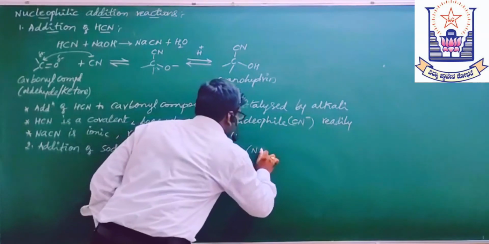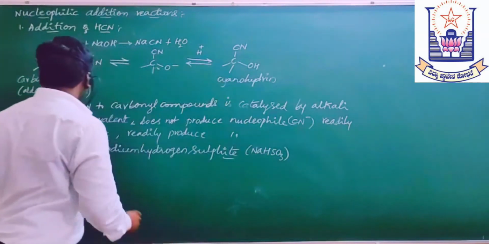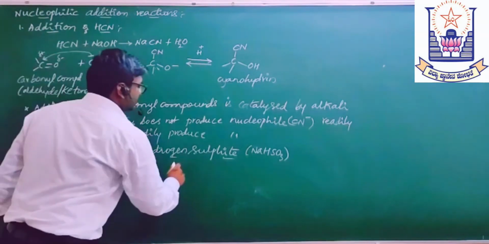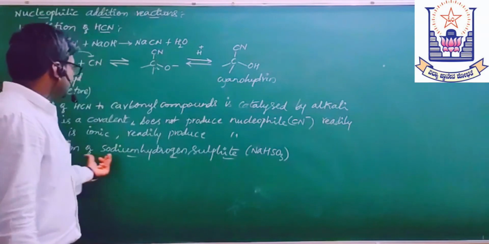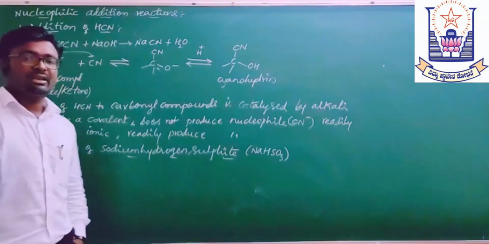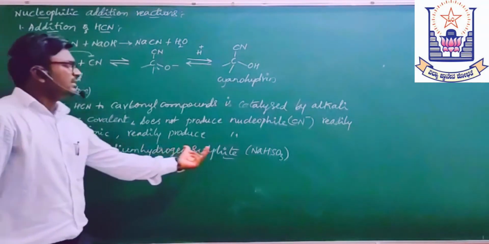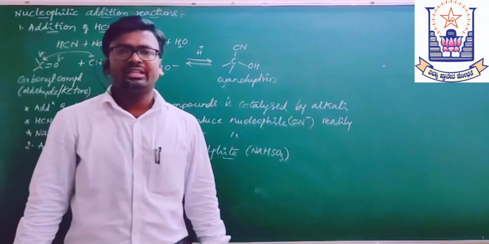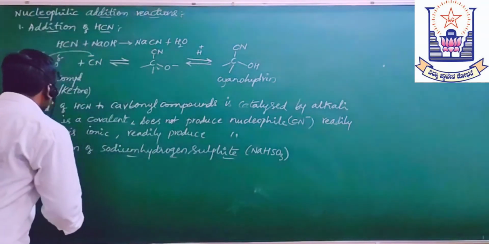Its formula is NaHSO3. The second type of nucleophilic addition is the addition of sodium hydrogen sulfite. This NaHSO3 is also called sodium bisulfite. Let us see what happens here.